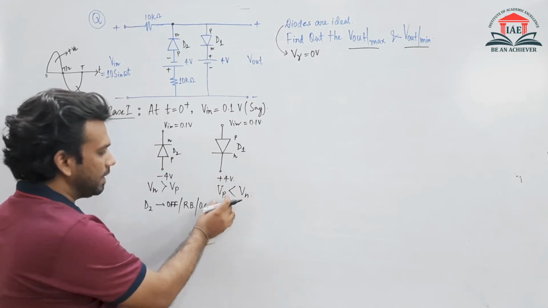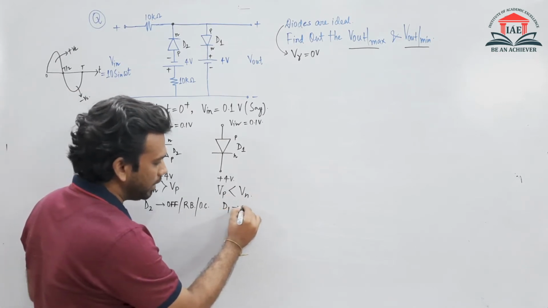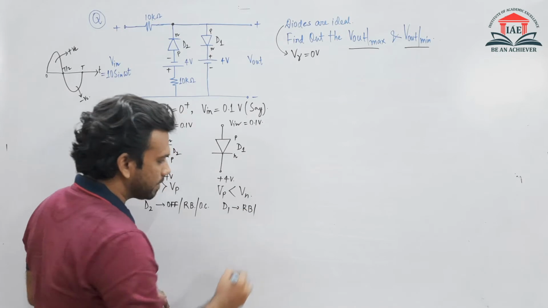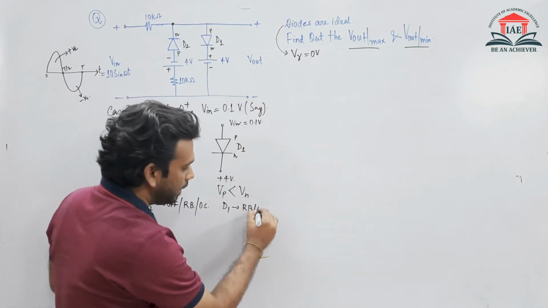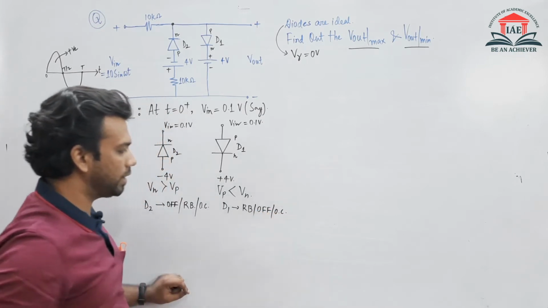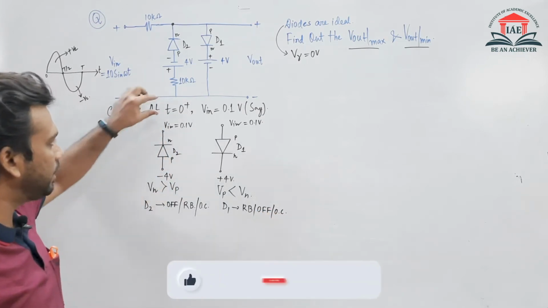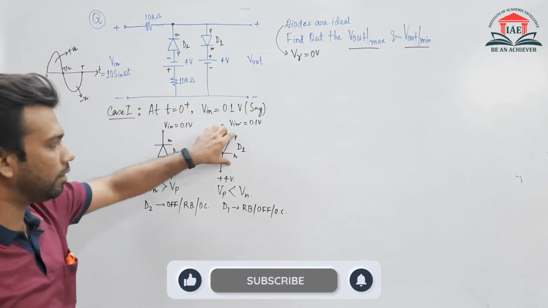So Vp is less than Vn, so the D1 diode will also be in reverse bias. If the diodes are ideal, it will be in the off condition, the open circuit condition. So at t equals 0 plus, the two diodes are in the off condition.